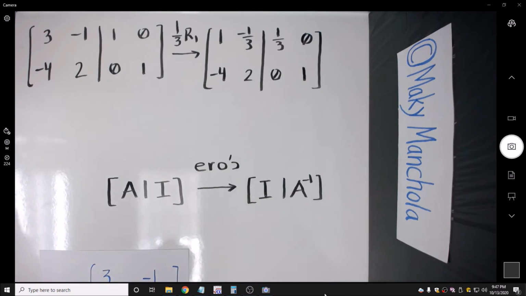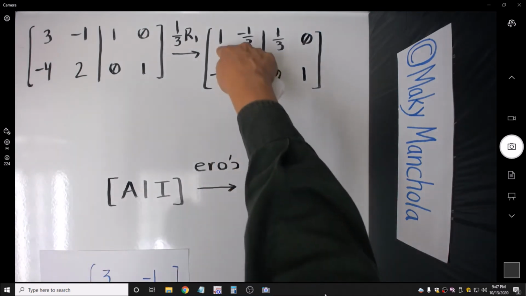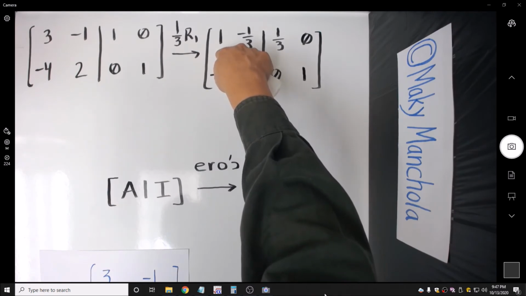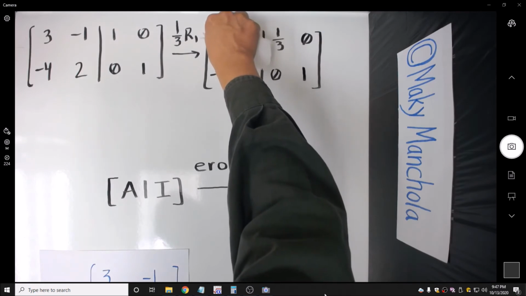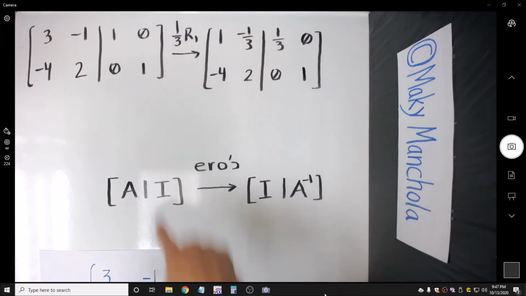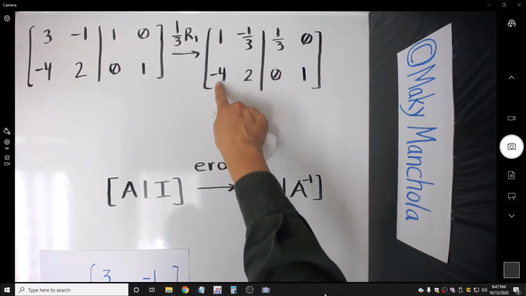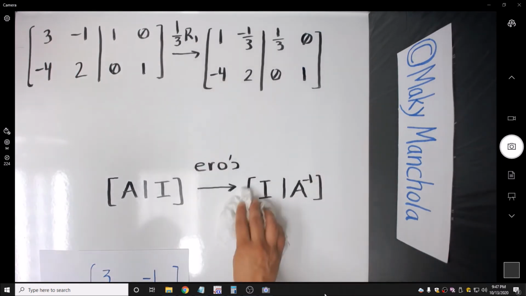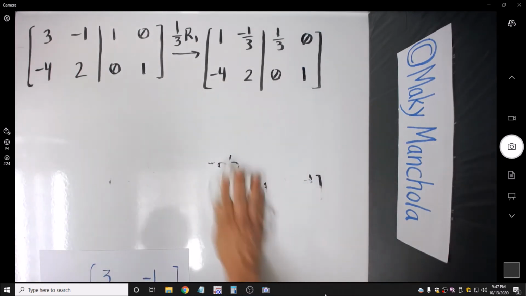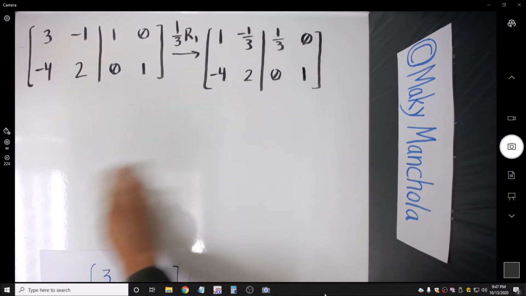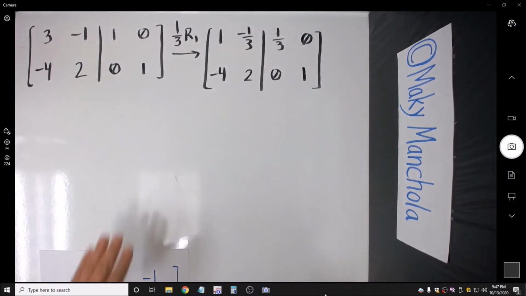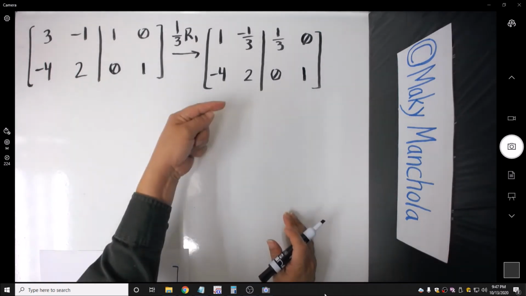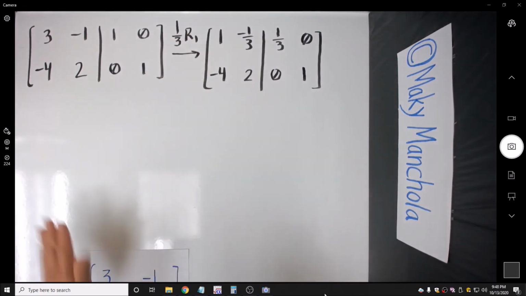Next, we now want to use our pivot to eliminate every other non-zero entry in the column of that pivot. So that means we want to get rid of this -4. To accomplish that, we're going to take row 2 plus 4 times row 1.